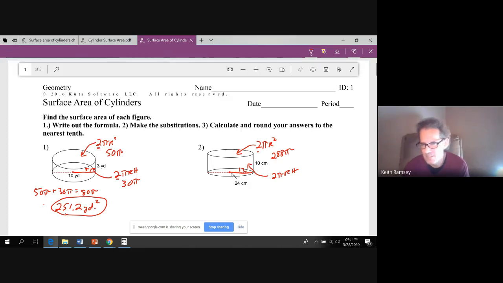So if my radius is 12, 12 times the height of 10 is 120, times 2 is 240 pi. Last step, add the area of the top and bottom with the area of the lateral surface. So I have 288 pi plus 240 pi.